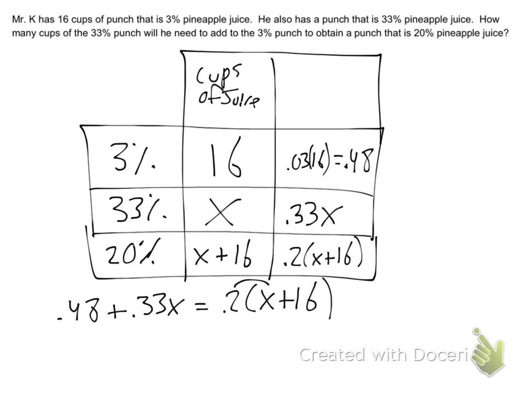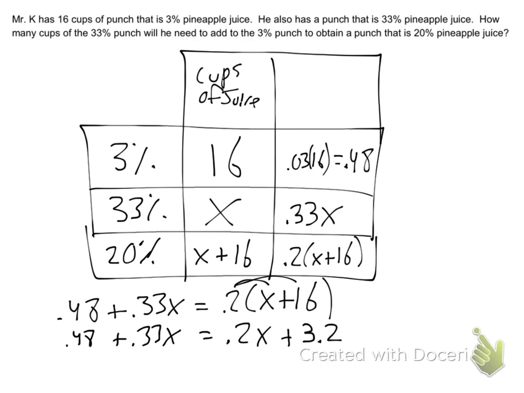Distribute. 0.48 plus 0.33x equals 0.2x plus what's 0.2 times 16? What's 16 times 2? Move the decimal place once. Should be 3.2, yeah?